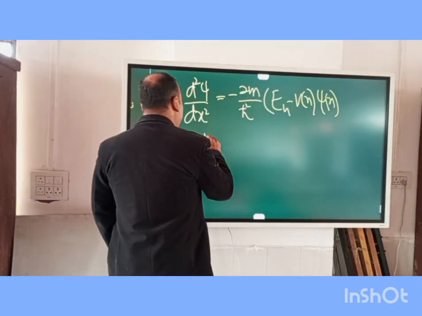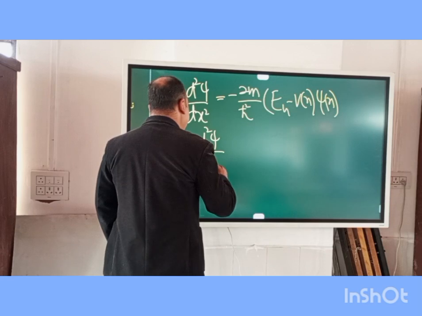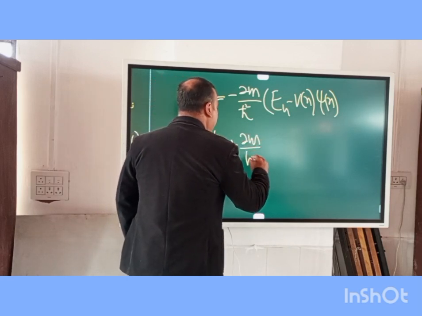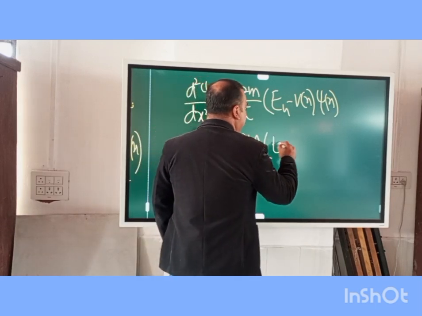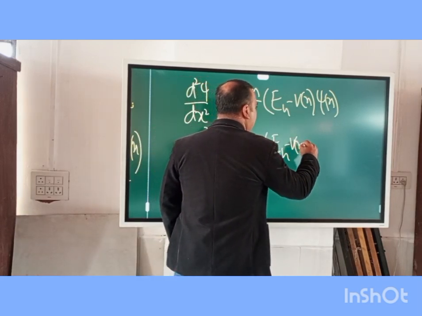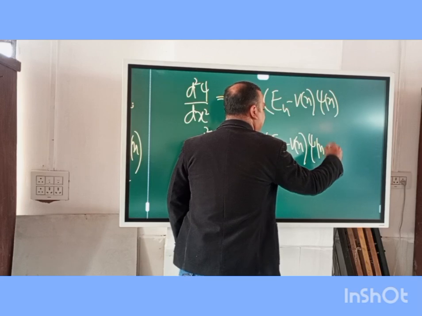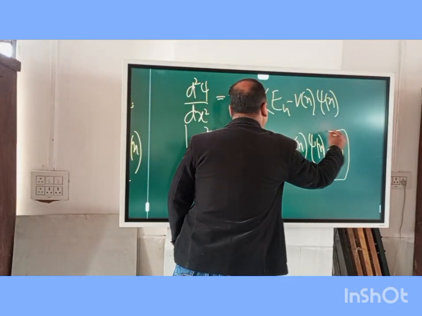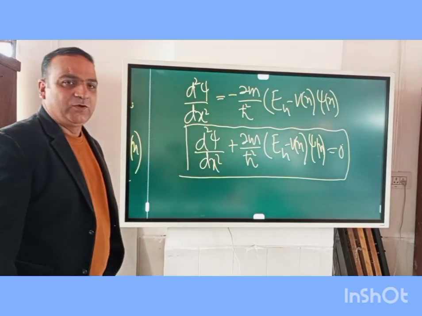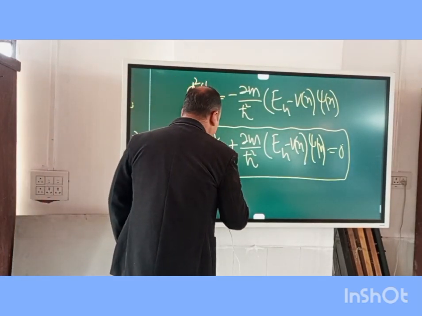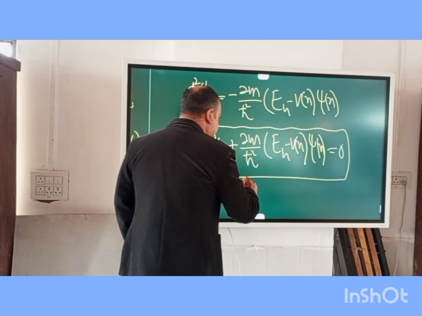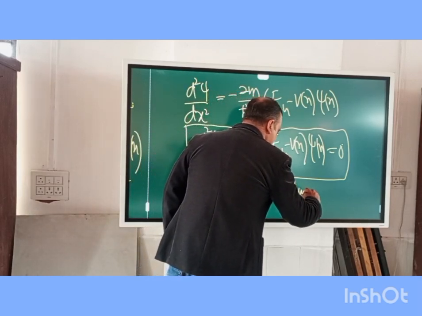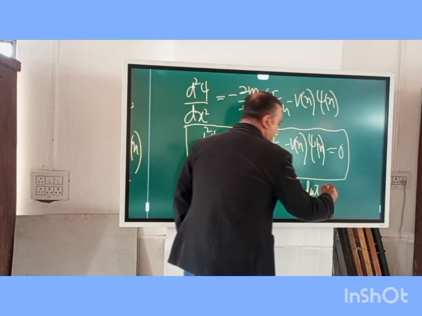So we have d2 psi by dx2 plus 2m by h bar squared, En minus v of x, psi of x equals 0. So this is our Schrödinger's time independent equation.